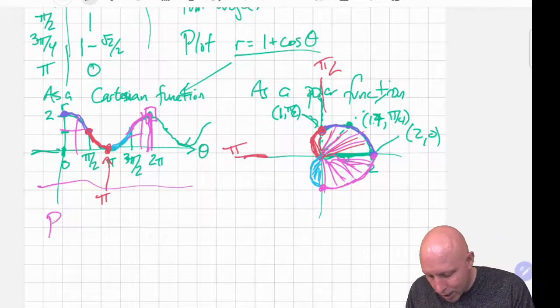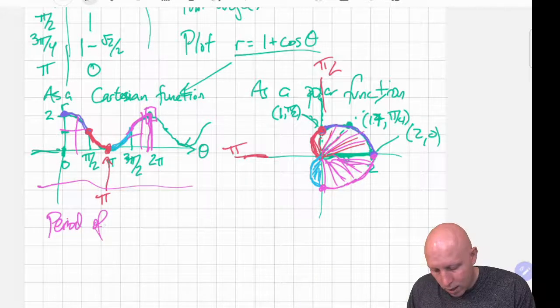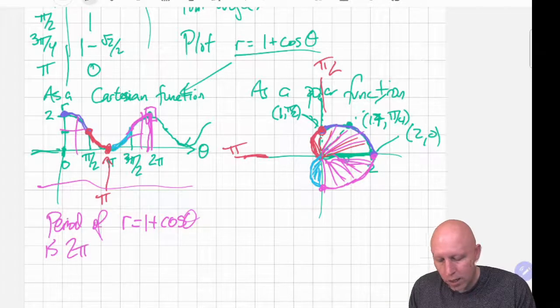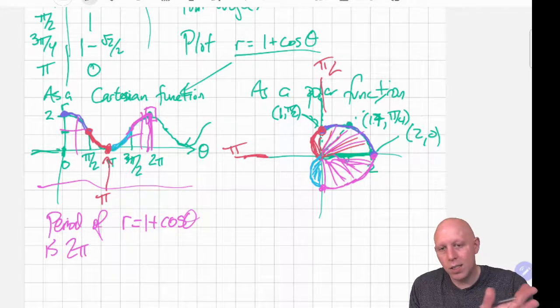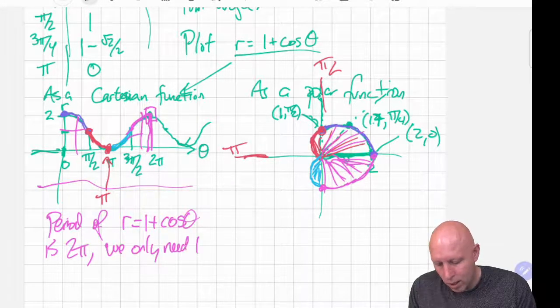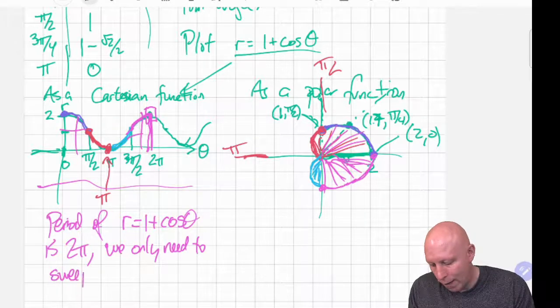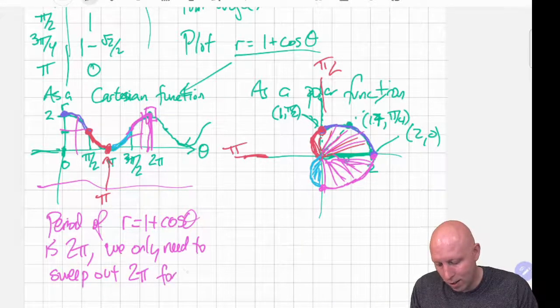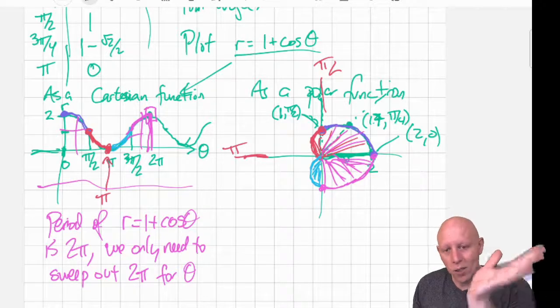We see that the period of our function, r is equal to 1 plus cosine of theta, is 2 pi. And since the period is 2 pi, we only need to sweep out 2 pi. We only need to go from theta equals 0 to 2 pi.